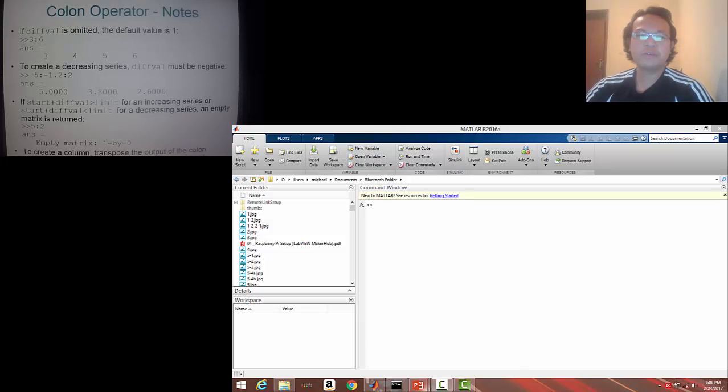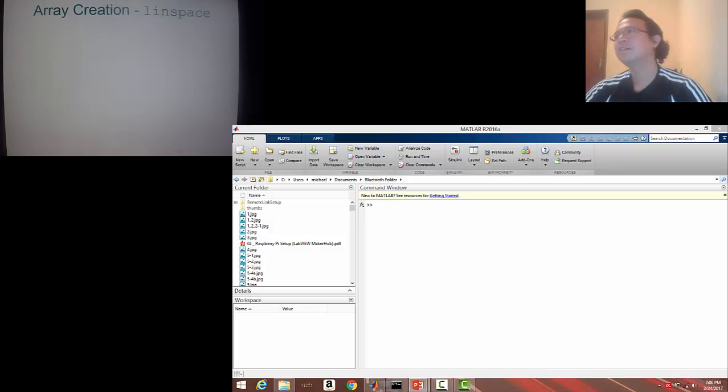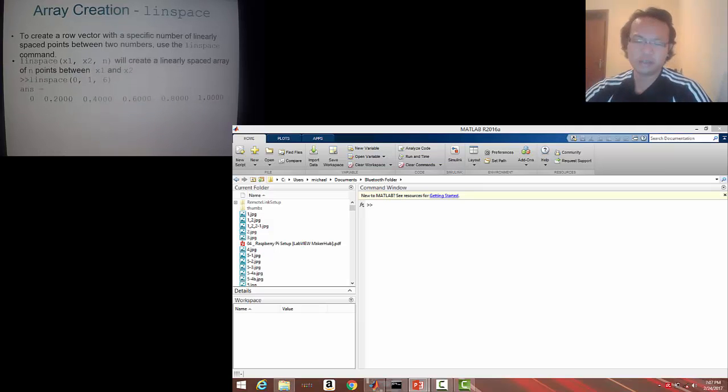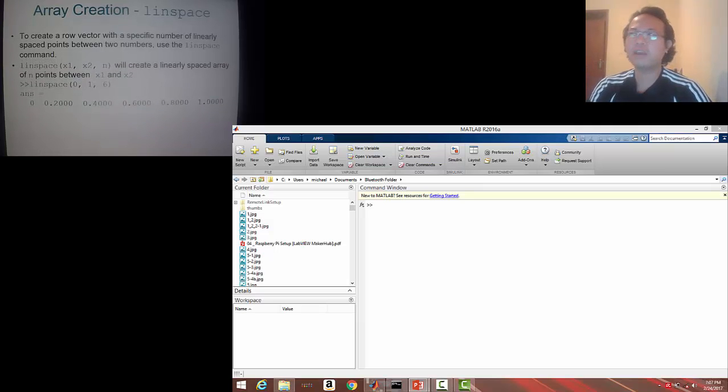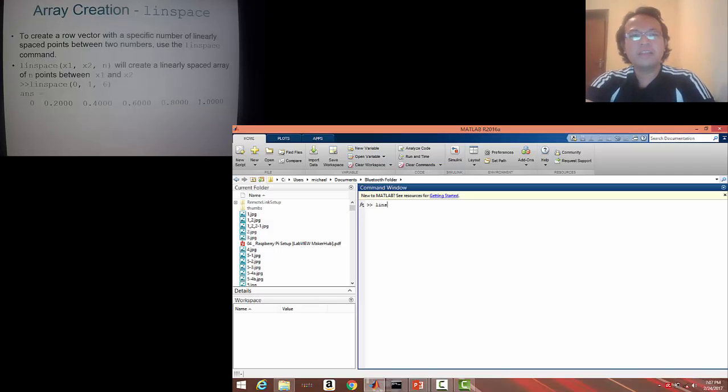Let's move on to the next slide, linspace. Okay, so linspace is simply used when you want to create linearly spaced points between two numbers. For example, this is the command linspace x1 x2 n. Like in this example, linspace 0 1 6 creates 6 linearly spaced points from 0 to 1.